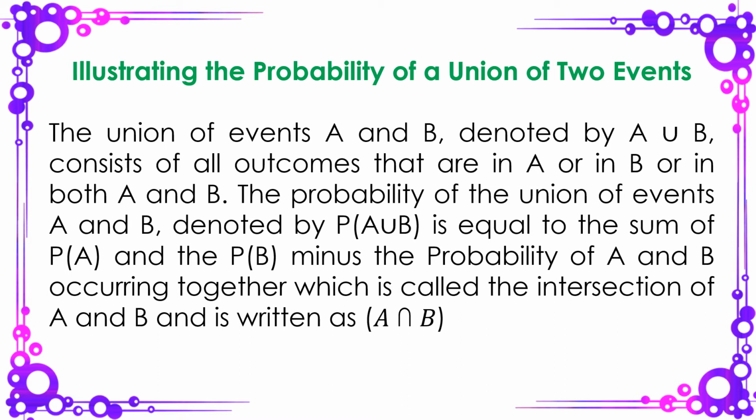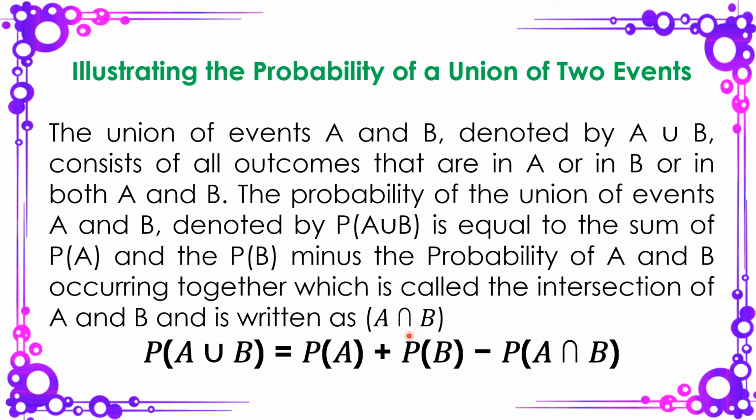The union of events A and B, denoted by A union B, again this is the symbol for union, consists of all outcomes that are in A or in B or in both A and B. The probability of the union of events A and B, denoted by probability of A union B, is equal to the sum of probability of A and the probability of B minus the probability of A and B occurring together, which is called the intersection of A and B and is written as A intersection B, this is the symbol for intersection.